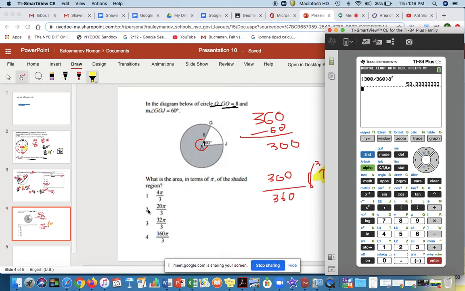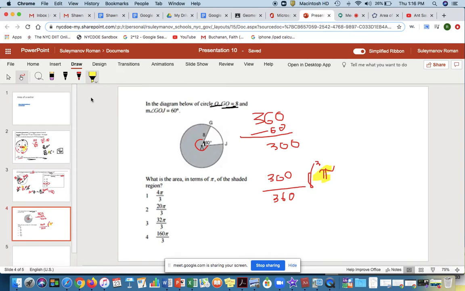Instead of entering each one of these and seeing which one equals it, I want to press math and then enter twice, and I get 160 over 3, which tells me that all of this simplifies to 160 over 3, and then I just have pi left over, which is the fourth choice.